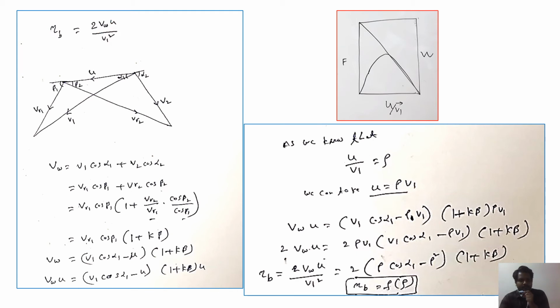Last class we also discussed how to draw a velocity diagram. This is the velocity diagram. Here U is the blade velocity or peripheral velocity, V1 is the absolute velocity at inlet, VR1 relative velocity at inlet, beta 1 blade inlet angle, beta 2 blade outlet angle, alpha nozzle angle, V2 absolute velocity at outlet, VR2 relative velocity at outlet.